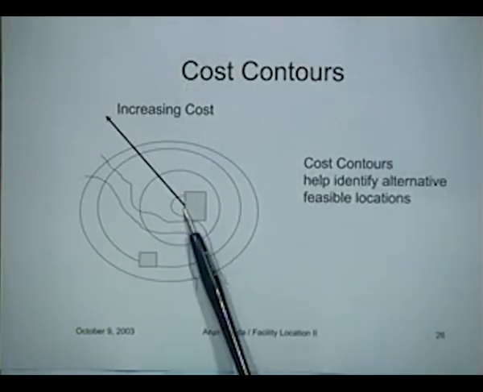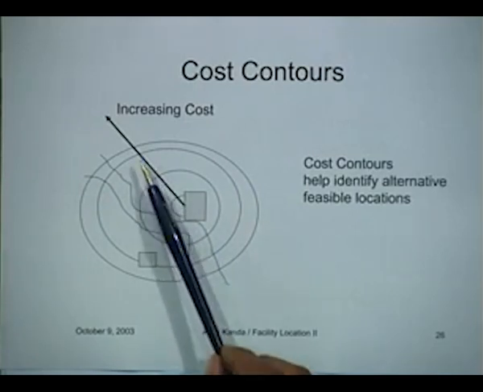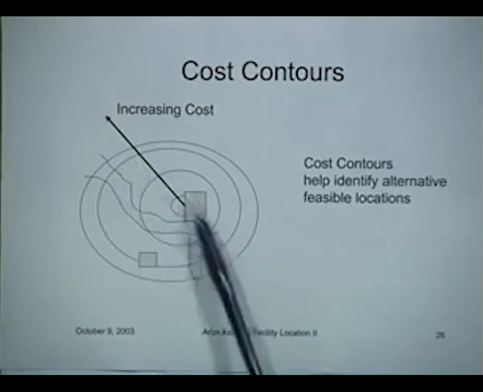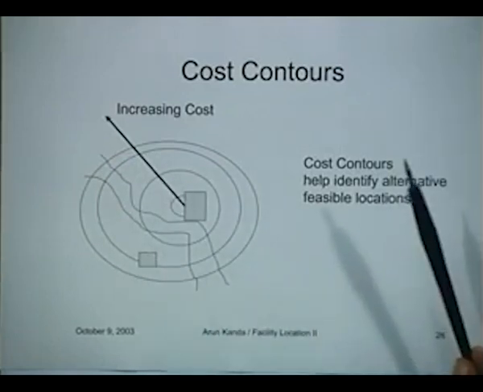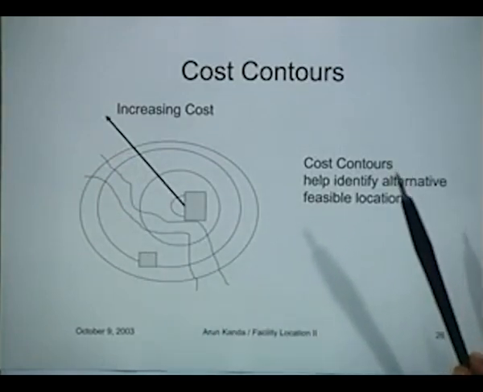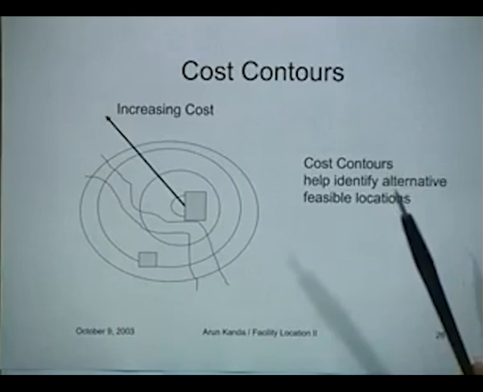So this is the minimum cost, optimum location, cost increases by 5%, by 10%, by 15%, by 20%, whatever it is, and you have lines of constant cost. This will help you to choose an alternative location. These are very much like lines of constant height on a map. On a geographical map you have lines of constant height.